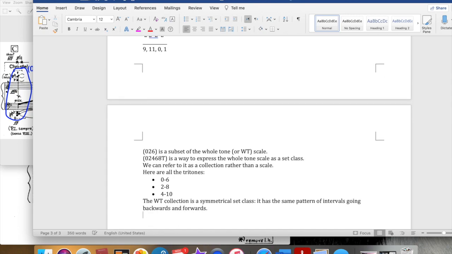There are other ones. I think with the piece that we looked at last week, Amazing Grace, we were looking at 0, 1, 6, 7. It's also a symmetrical set class. And you can tell that because here's the pattern of intervals, not the interval vector, but the pattern of intervals. Here is 1, and then there's 5 between them, and then 1 again.